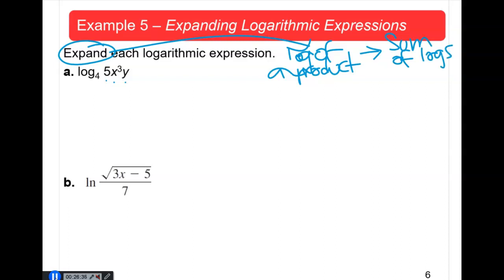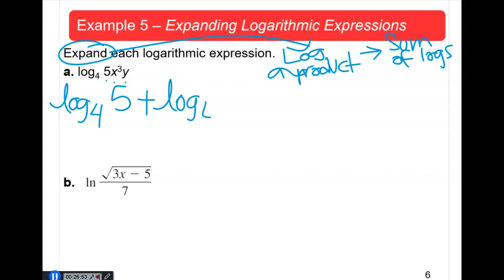So for that, we are going to separate the log base 4 of 5 plus log base 4 of x cubed, and then plus log base 4 of y.